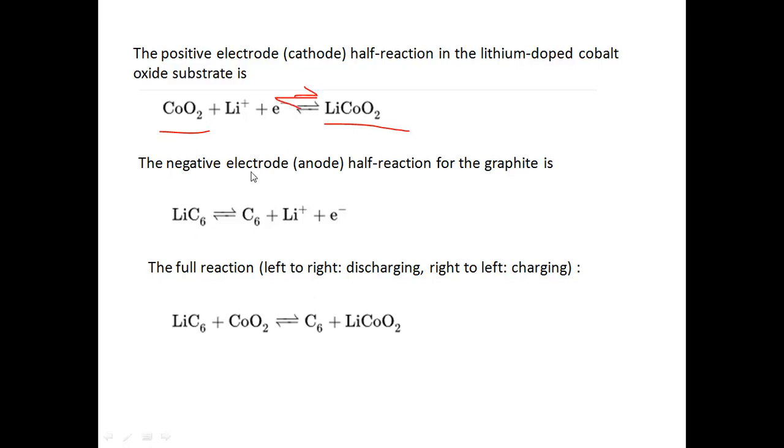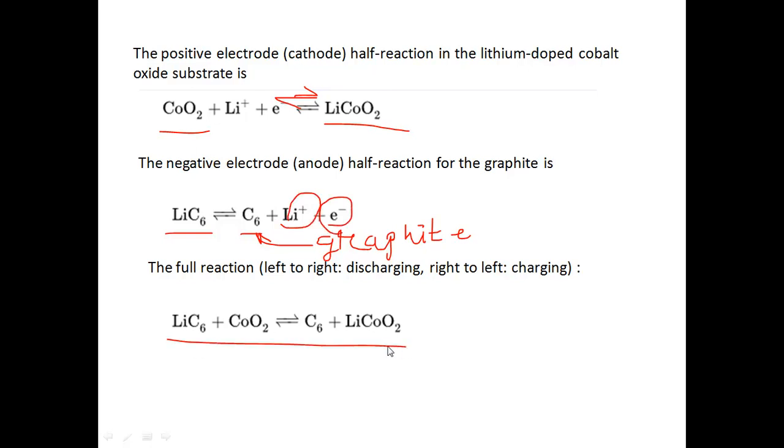At the negative electrode, that is the anode, we get lithium carbide that gets converted to C6. This is carbon or this is graphite. This is graphite and it creates lithium ions and one electron. The overall equation can be summed up like this.